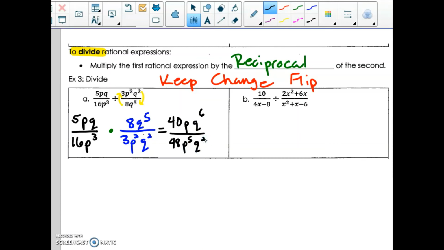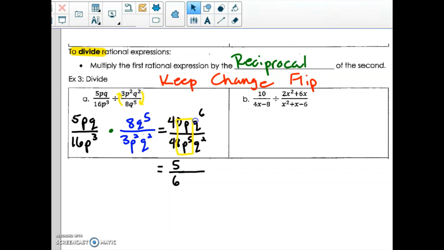So that's the multiplication, but now we have to simplify the fraction by doing the division of 40 and 48, finding a common term there. So 40 and 48 are both divisible by 8. So if we divide by 8, we get 5 over 6.